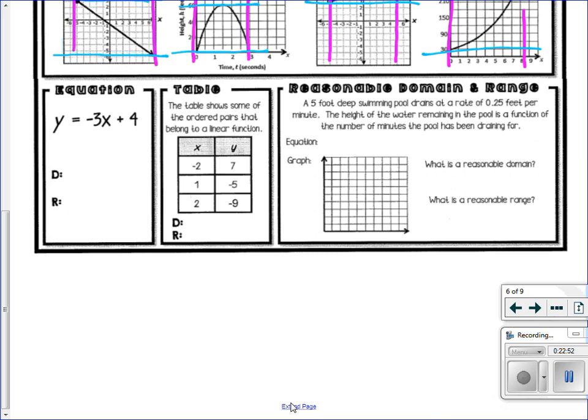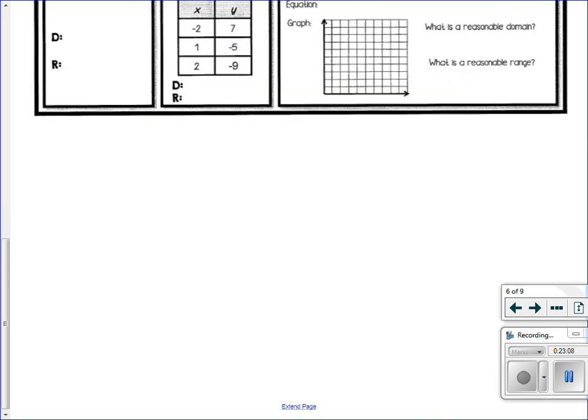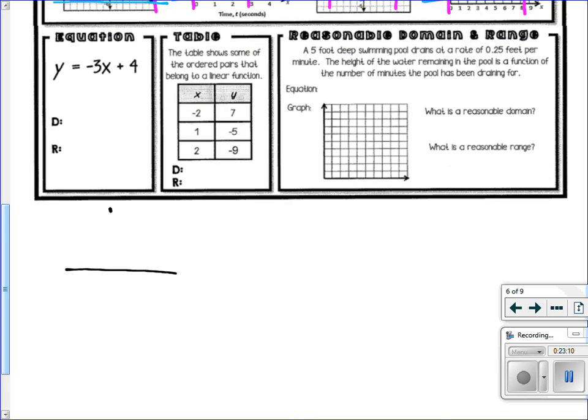All right, equations. If there is not an equation with extra things told to you, like you can only use these x values or only use these y values, so we have just a plain equation, nothing else. If you were to graph that equation, as we talked about graphing the other day, it would have a y-intercept of 4 and a slope of -3. So down 3 over 1, we would draw the line and arrows.